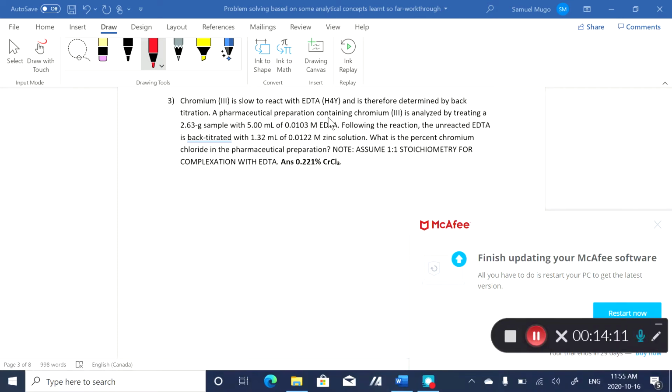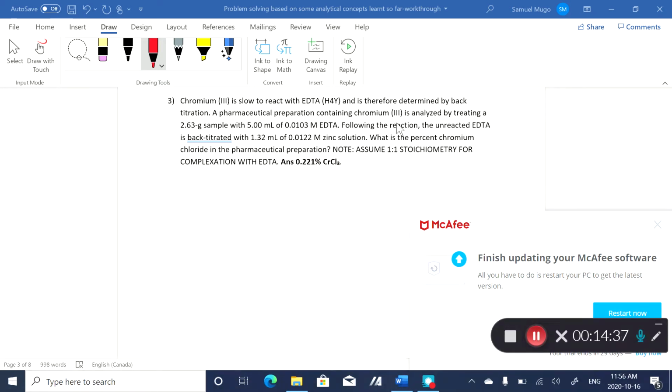So a pharmaceutical preparation containing chromium 3+ is analyzed by treating a sample. The sample contains 2.63 grams, and it has chromium. And you're treating it with 5 mL of this concentration of EDTA. And after you mix it, you allow it to react.